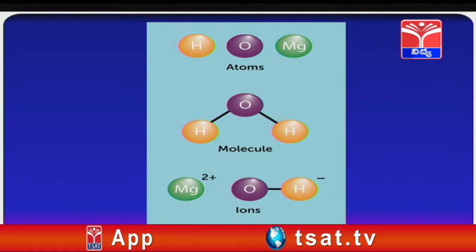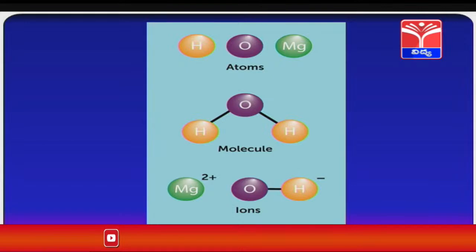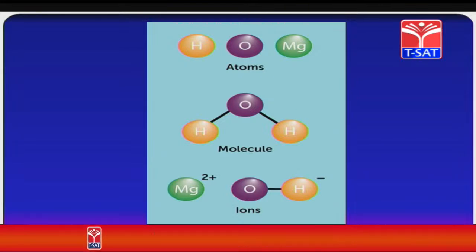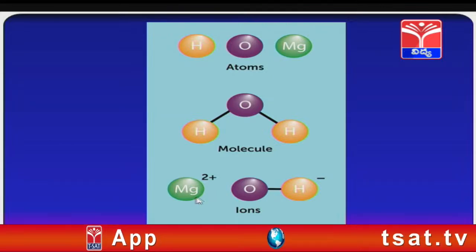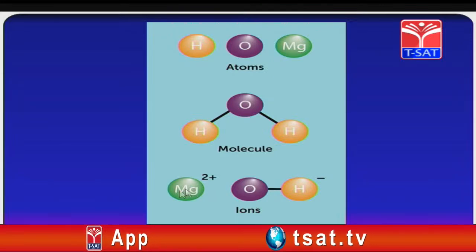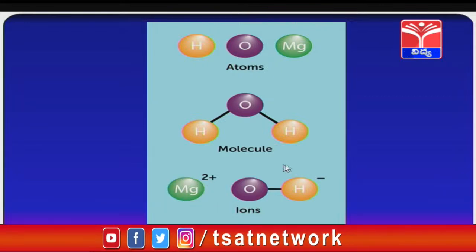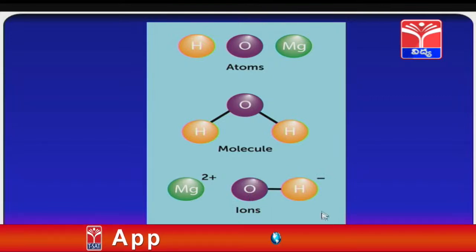Here, if you consider hydrogen, oxygen and magnesium, these are all atoms, and the water molecule, that means H2O, is a molecule. But Mg+2 means the magnesium atom has lost 2 electrons. So, this is an example of a positively charged magnesium ion, and here is an example of the negatively charged hydroxide ion.